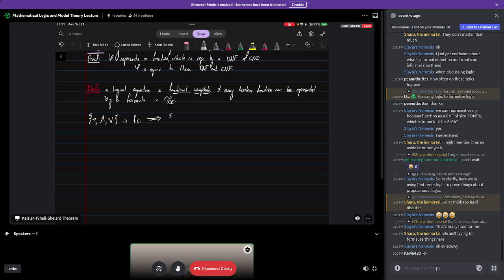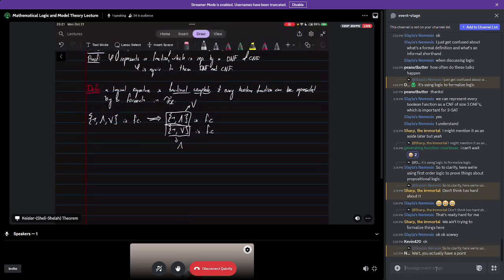So this means that negation and conjunction is functional complete, and so is negation and disjunction. Like I said, this is because using this signature I can get disjunction, and using this signature I can get conjunction. So using both of these signatures, I can get all three of these connectives, and that's what I need to have functional completeness.